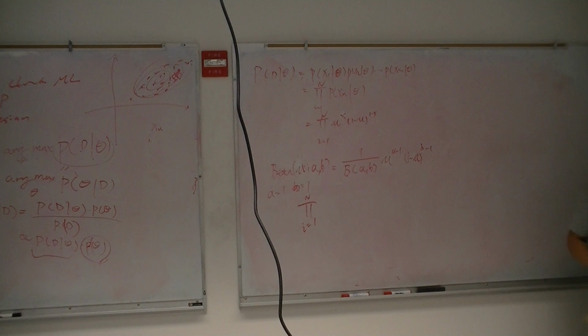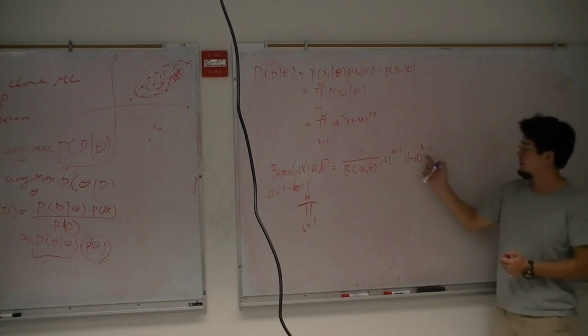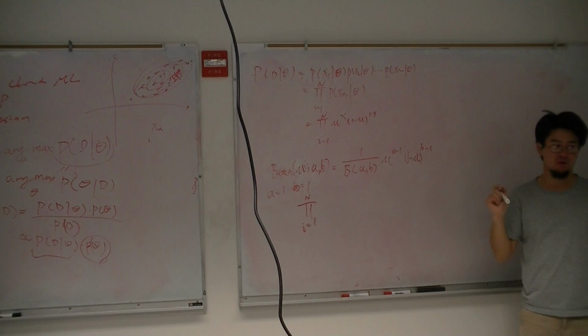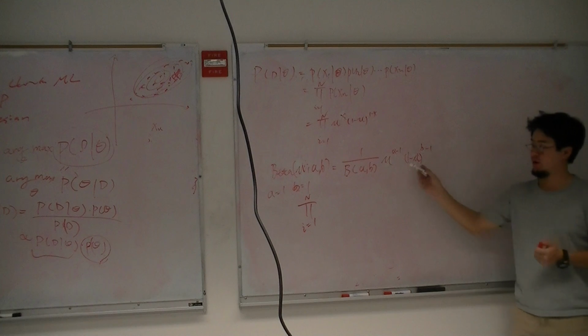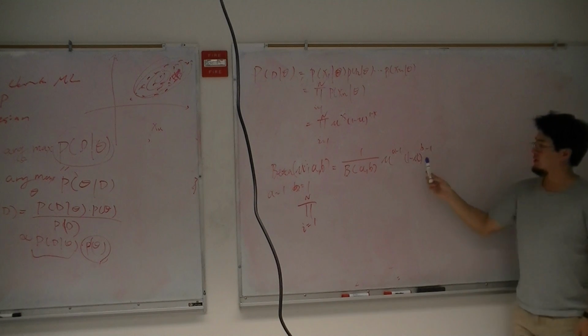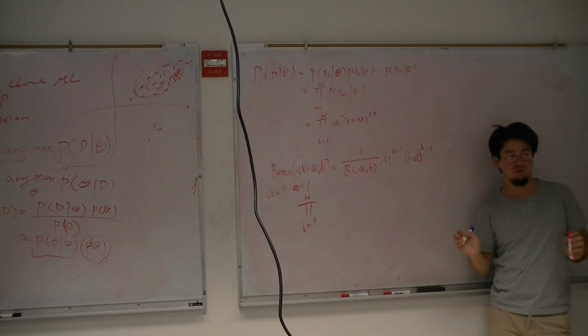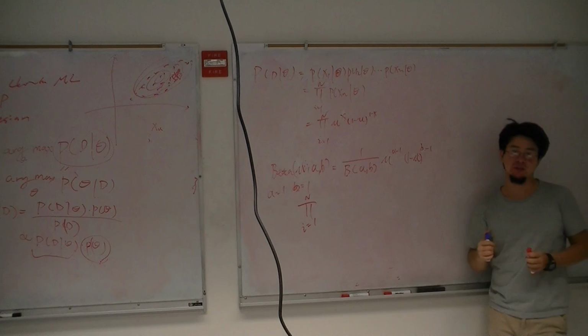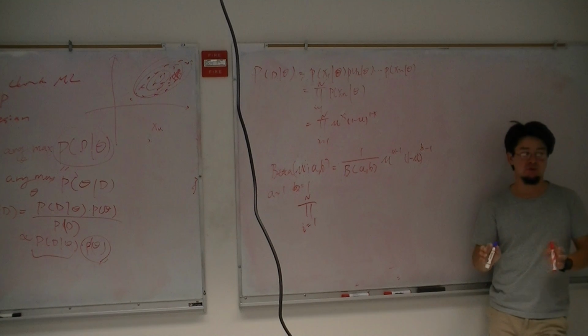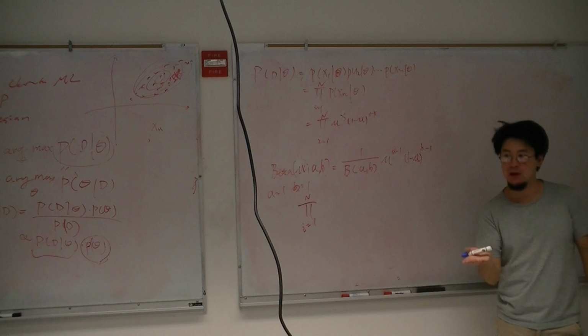If A and B are both more than one, what does it mean? Finally we are going to explain A and B as a pseudo count of tossing coins, but we are not reaching that stage. If we jump ahead, A and B in the context of tossing coins can be considered as, well, before I toss my coins, I know in my life I never observed any coin that can only have one result.